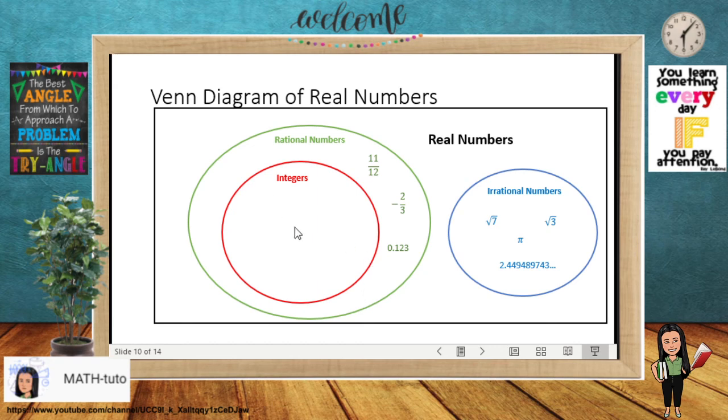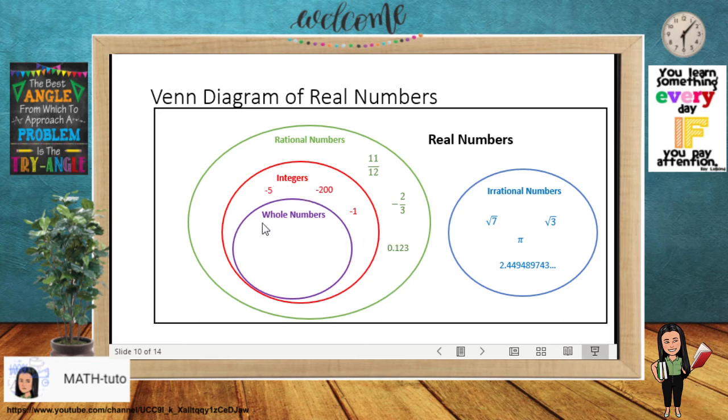And then for integers, we will classify it as whole numbers. We can draw the set of whole numbers inside. And then, since integers are whole numbers and negative integers, we can just write negative integers here, outside.